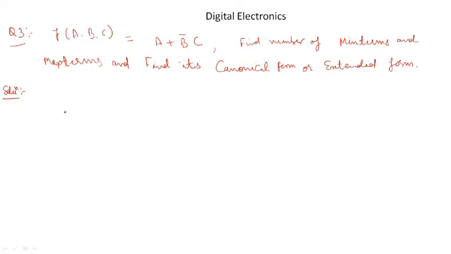Here to solve this problem, because output is given in terms of the three variables, we will make a truth table which will have the three input variables a, b and c, and it will have 8 rows.